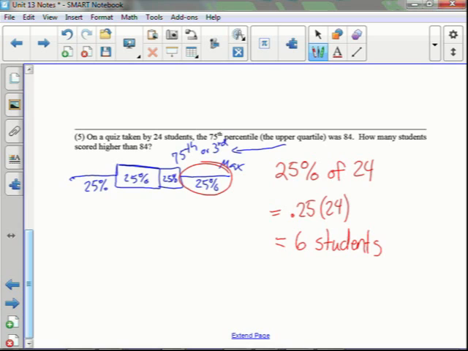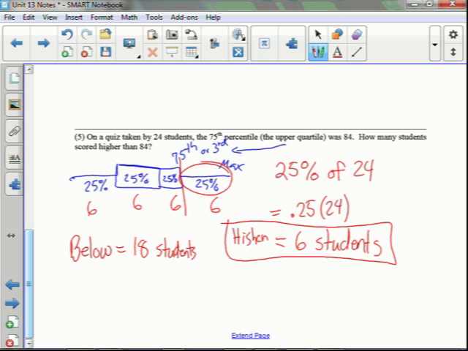And if we think about this, you're going to have 6 students in this range, 6 students in this range, 6 students in this range, and 6 students in this range. So if the question had been below, how many were below the 75th percentile, you would have added those together and you would have got 18 students. So the higher is 6 students, which is what we're looking for. But I just want to show you that other part. So it's a little variation of that.